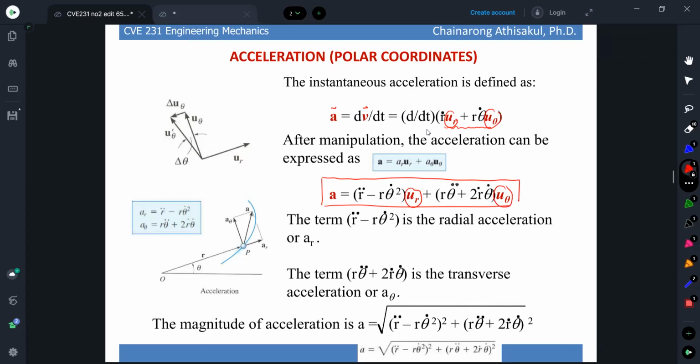You may study the proof of this equation from a general engineering mechanics textbook.